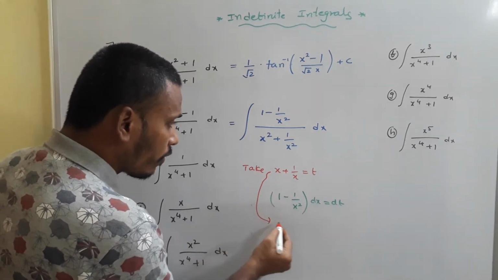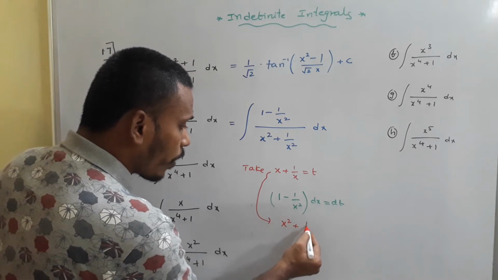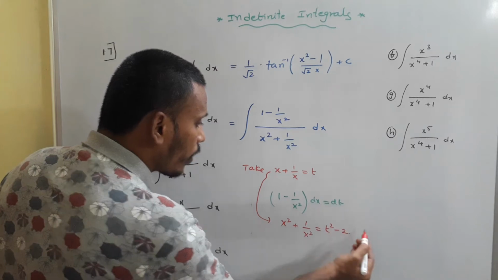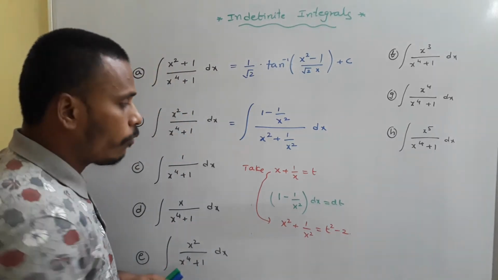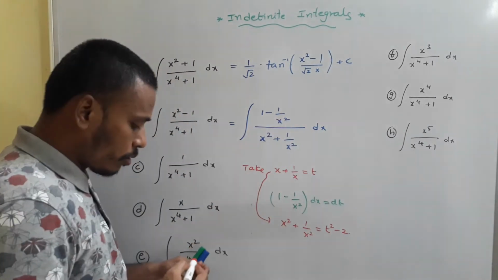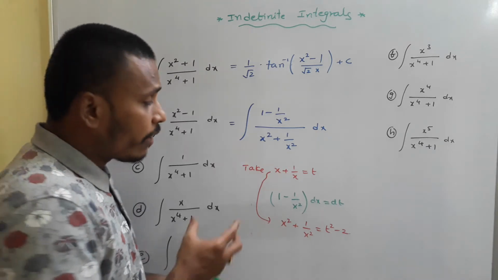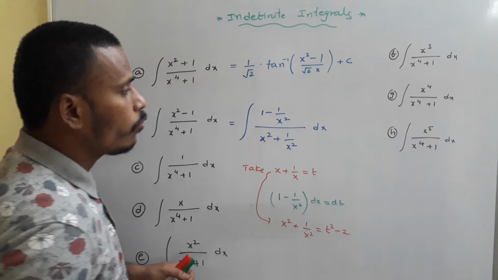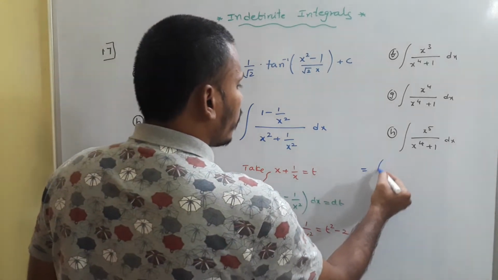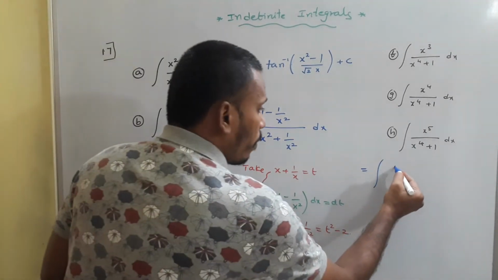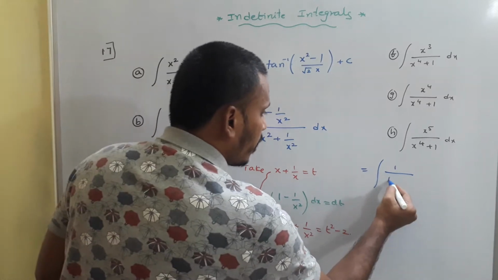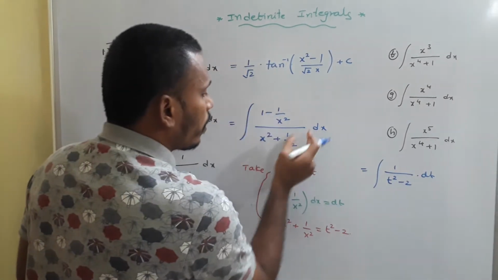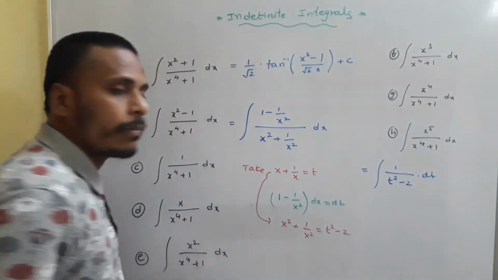So, when you rewrite this after squaring, x square plus 1 by x square is equals to t square minus 2. Now, just substitute everything in the given problem. Rewrite the given problem in terms of t instead of x. So now what we have here is equals to integral 1 by t square minus 2 into dt, because this total part is dt and instead of this we have t square minus 2.